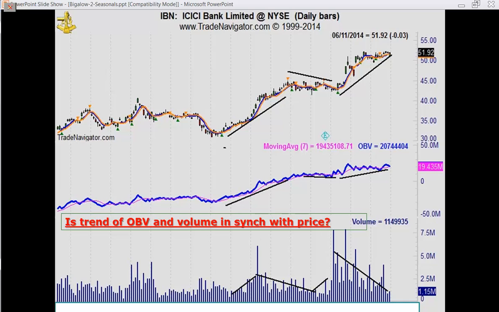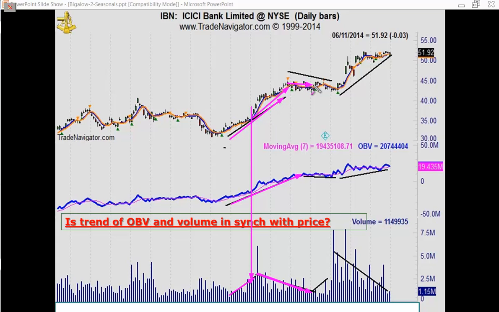So let's take a look at this. The trend is up, but the volume is down. The volume started to go up to about right here, and then started to go down, while the trend continued to move up.